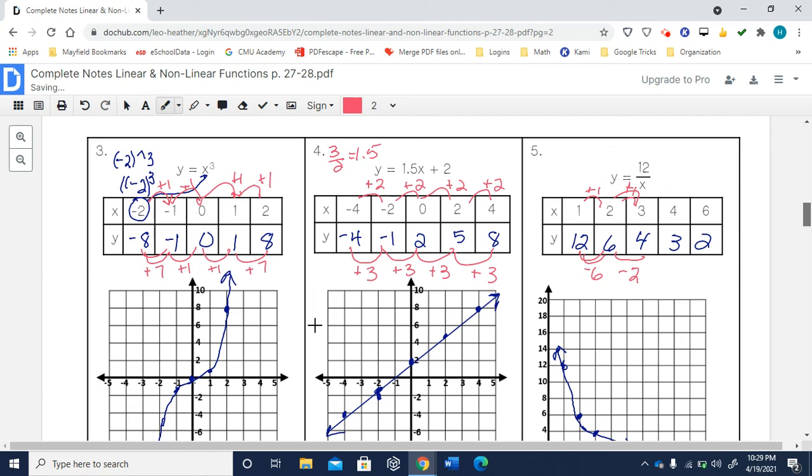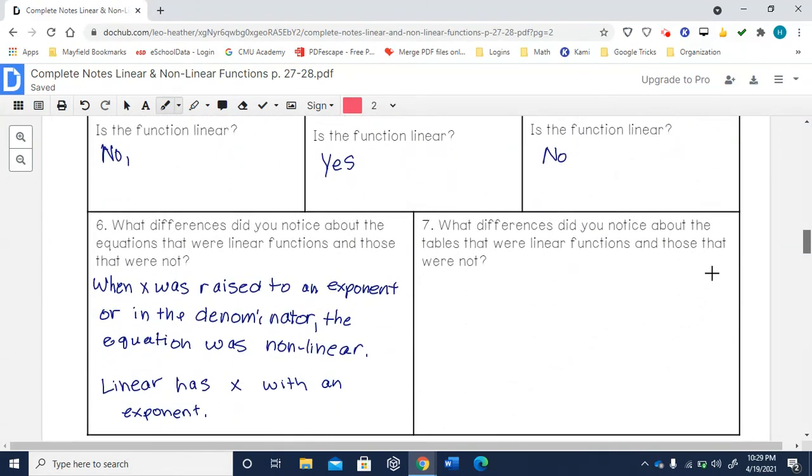Notice that's in the equation we're going to talk about. So when we look at the actual tables, what difference did you notice about the tables that were linear and those that were not?